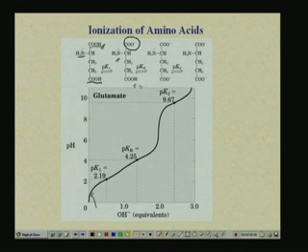So, as I go on further with my OH minus addition, my titration, the next easiest one to be removed is the side chain one, right. Now, I keep on going.